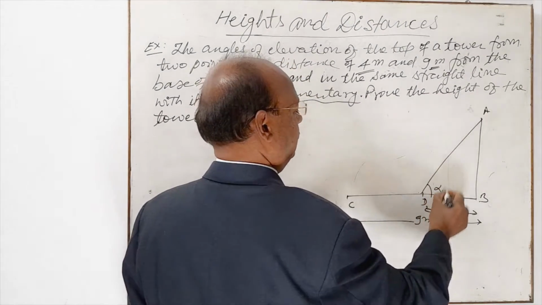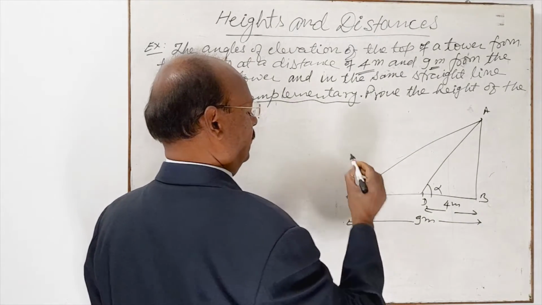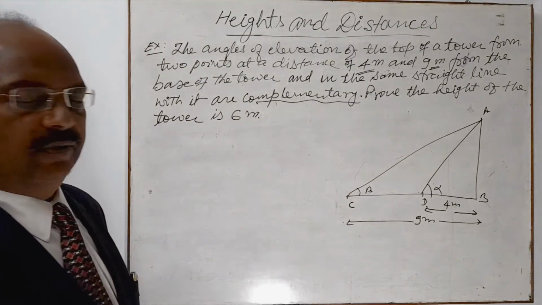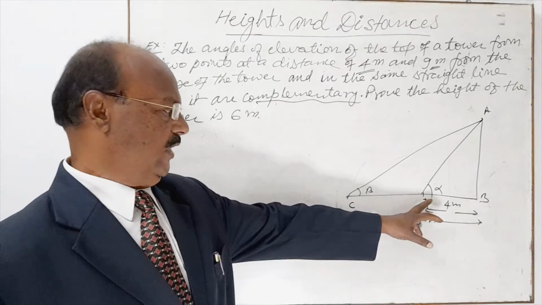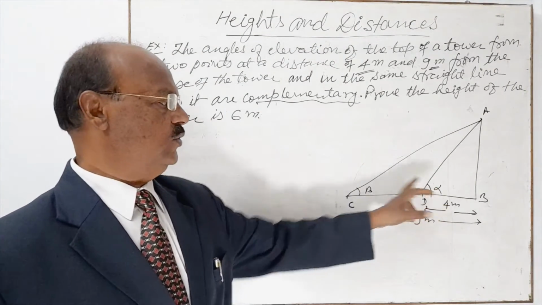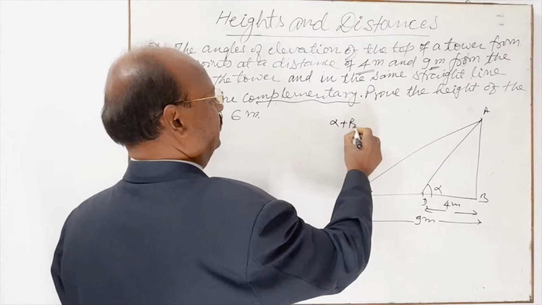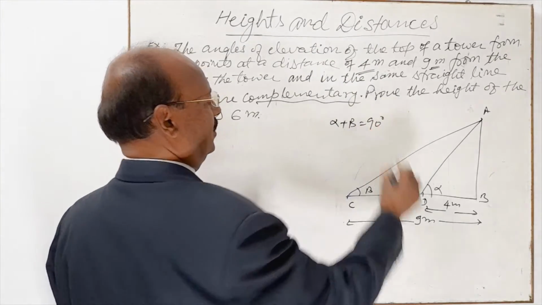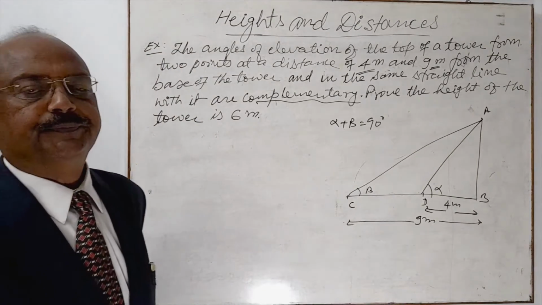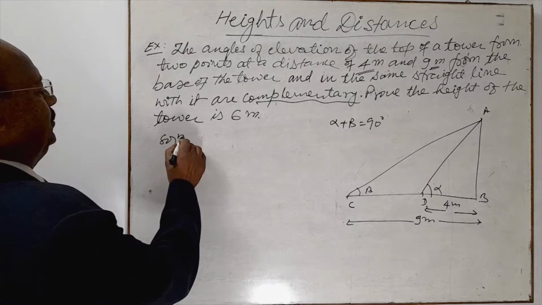Here alpha and beta are the angles of elevation at points D and C respectively, and given that these two angles are complementary, means alpha plus beta is 90 degree. Correct? So now let us see the solution.